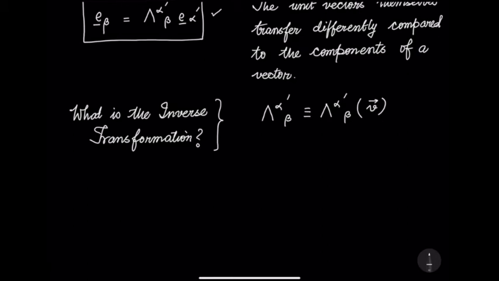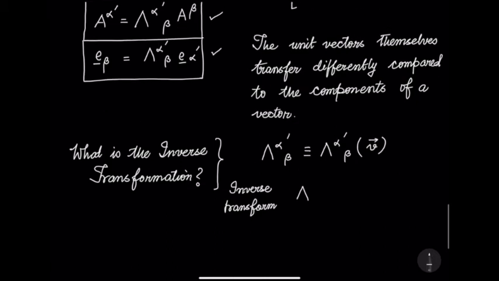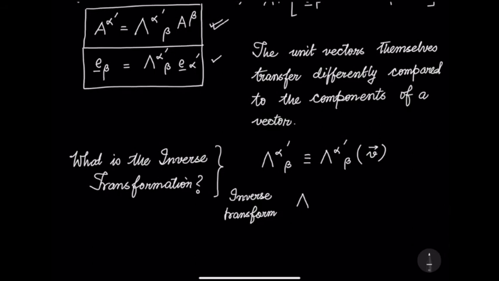What about the inverse transform? I should be able to write exactly the same type of matrix, but let us look at this, this is the alpha prime beta matrix we have.